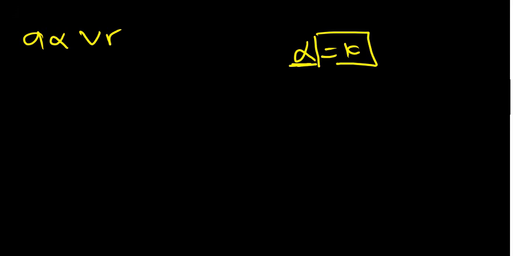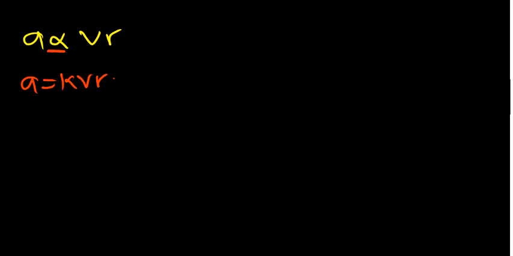So I'm going to replace it with equal to k. I'm going to say that acceleration is going to be equal to k vr. This is the constant, we don't have to worry about the constant, but we are supposed to worry about the v and r.